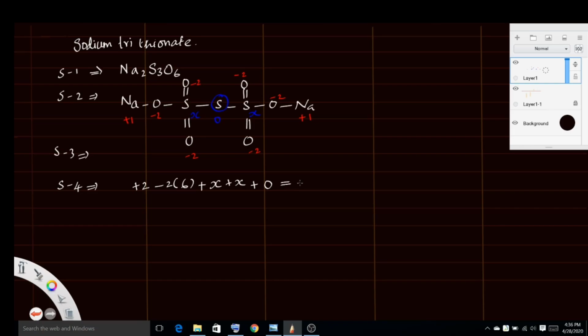So the net value is equal to 0 because sodium trithionate is a neutral compound. On simplifying this, plus 2 minus 12, that is 6 into 2 minus 12, plus 2x is equal to 0. This implies 2x is equal to plus 10, then x is equal to plus 5.